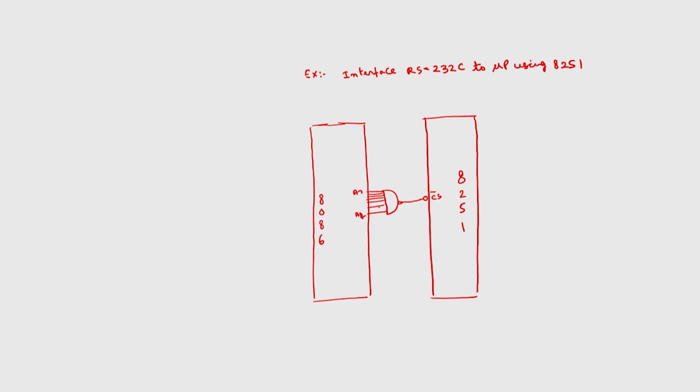A0 I will connect to C by D bar of 8251. I will connect read bar and write bar to IO read bar and IO write bar of the microprocessor. Then the reset of the microprocessor goes to the reset of 8251.